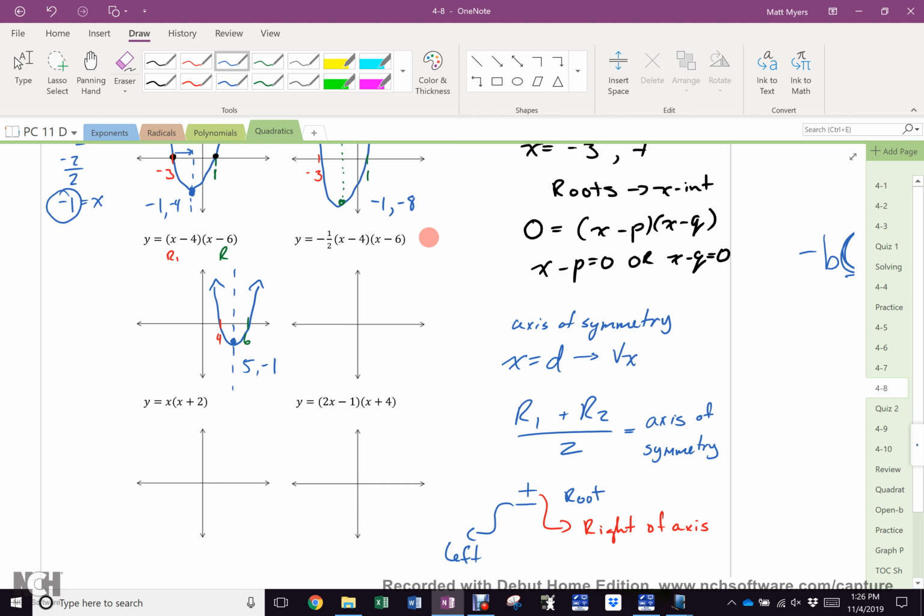Okay. Does anything else change? What are our roots? So I still got a root at 4, and I still got a root at 6. And I still got an axis of symmetry where? 5. Now, 1 over to 5 means I should go up 1, shouldn't I? But how far am I going up? Half.